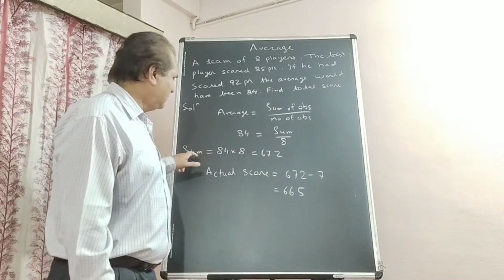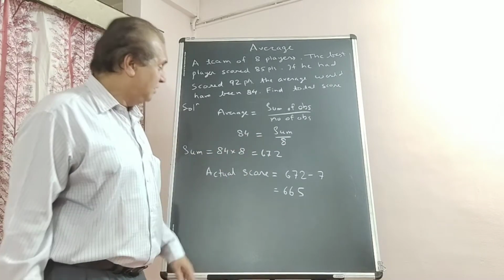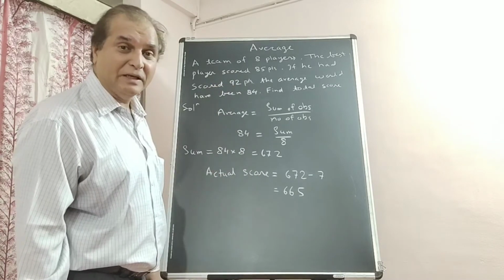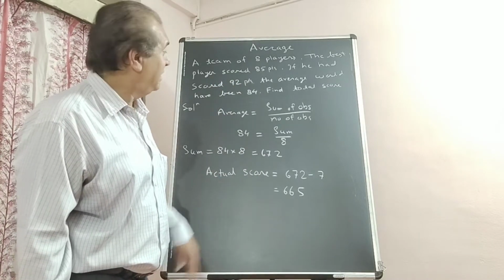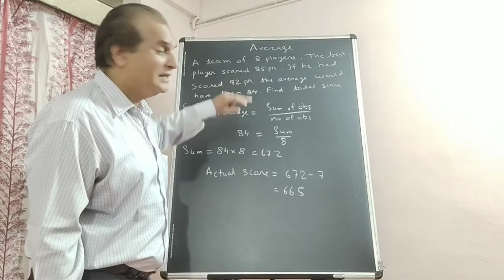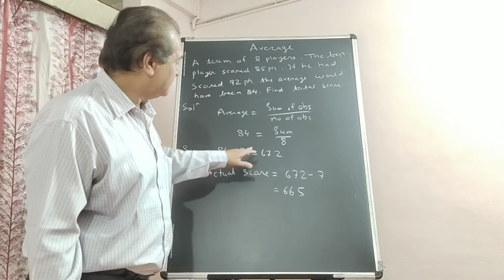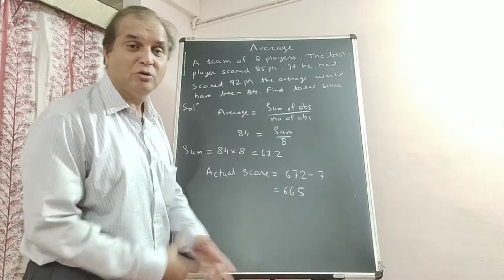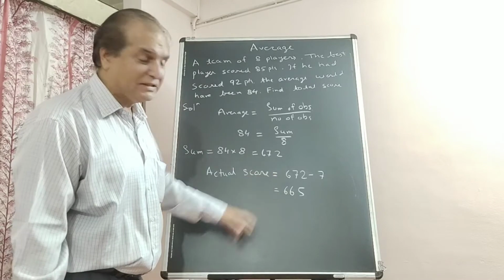Sum is 672. But actually you have counted 7 points more. The main player scored just 85, but you are taking 92. So from 672, if we subtract 7, we will get the actual score. That is 665.